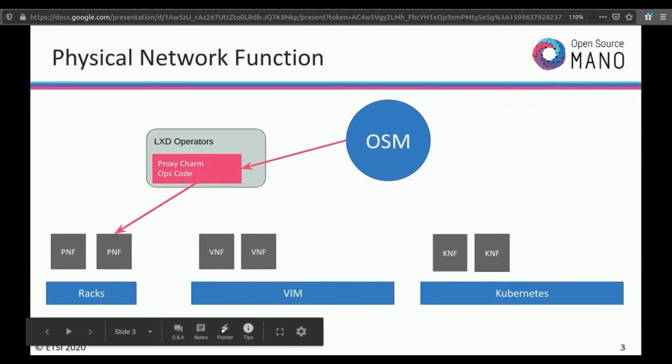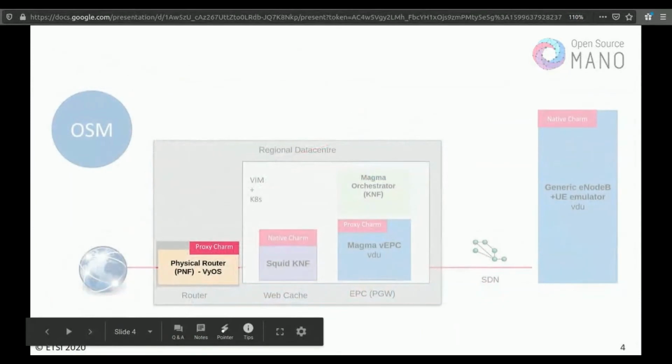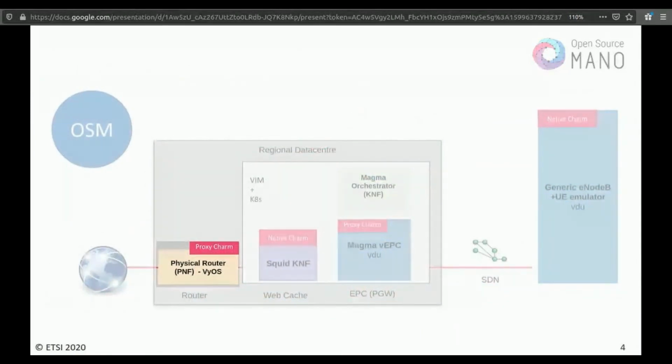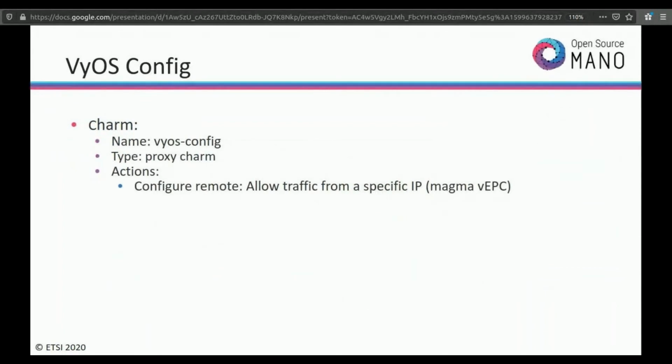So this is the thing that we are going to implement, this part, the physical router. And basically, for the router, we are using a software that is the BIOS router.